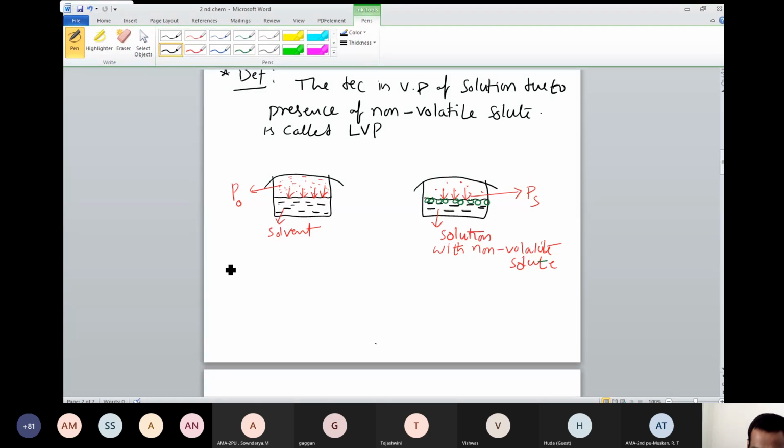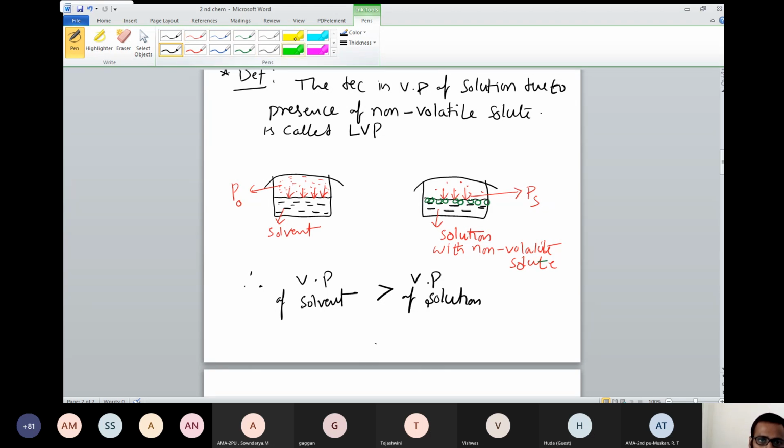So what I am writing clearly now: therefore, vapor pressure of solvent is always greater than vapor pressure of solution. The reason I told you clearly.